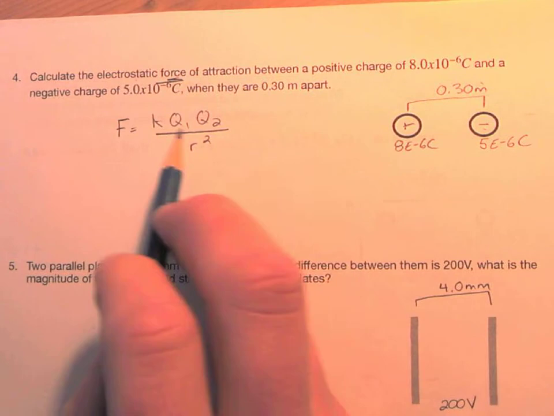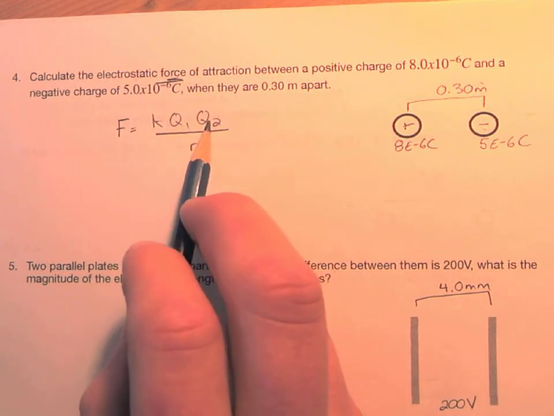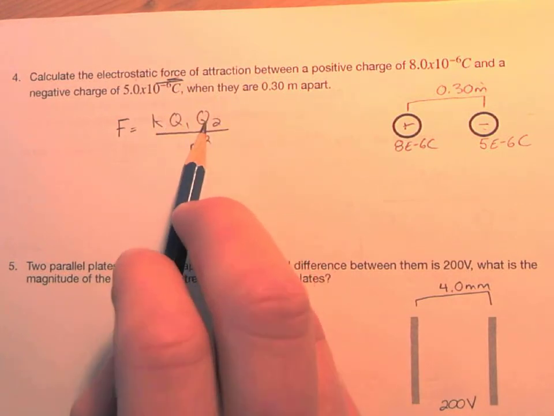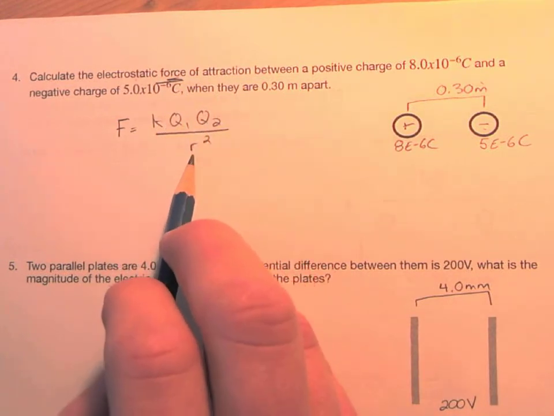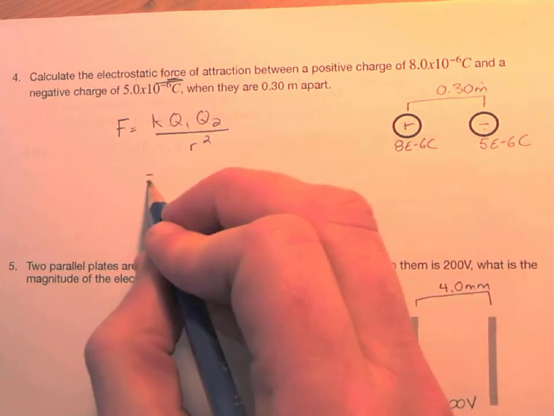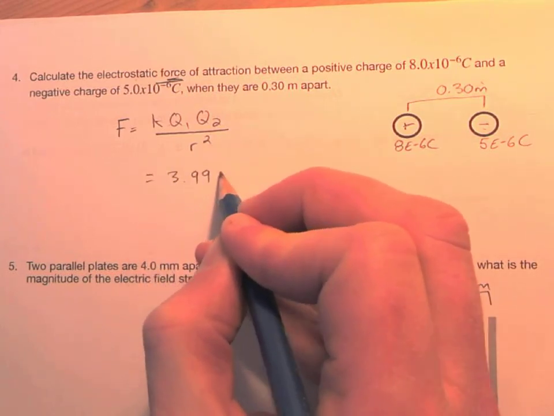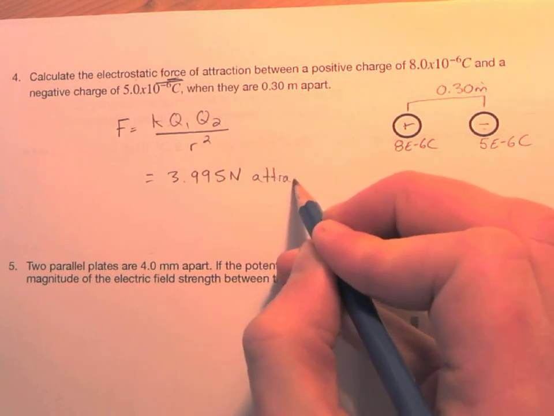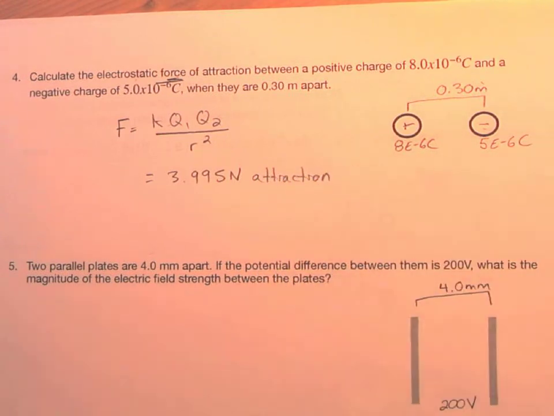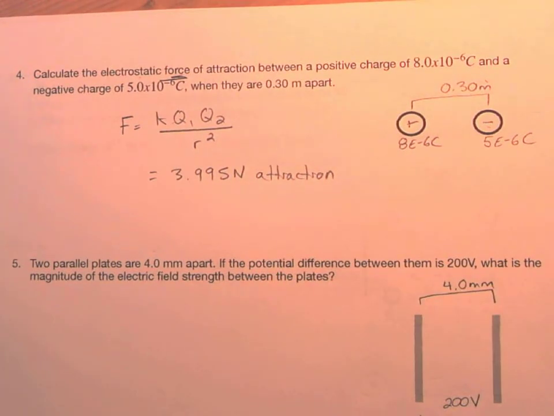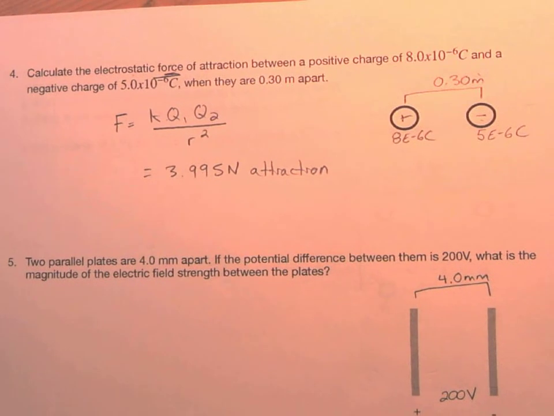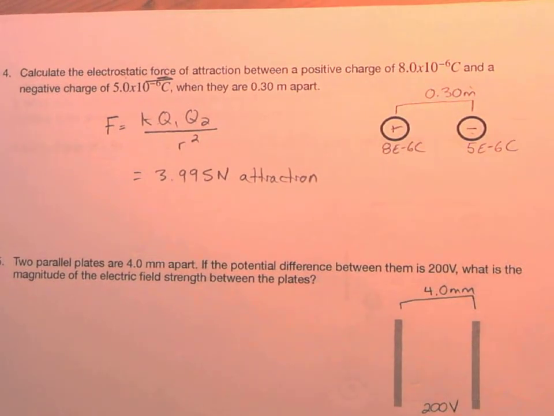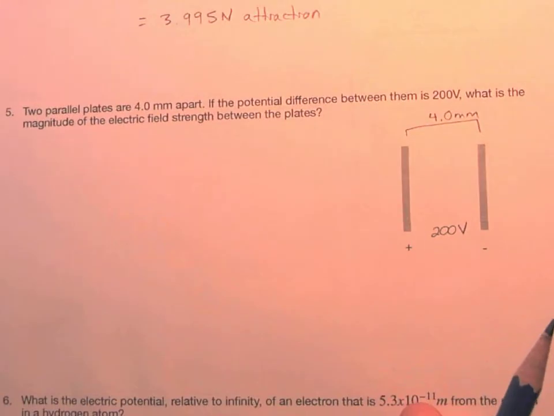When I plug in 80 to the negative 6, 5e to the negative 6, and r, which is 0.3 squared, I end up getting 3.995 newtons of force of attraction. Okay, so they're both feeling that force going towards each other.